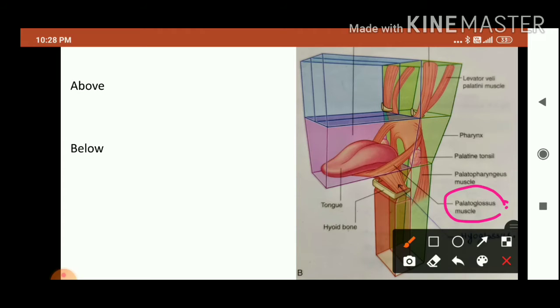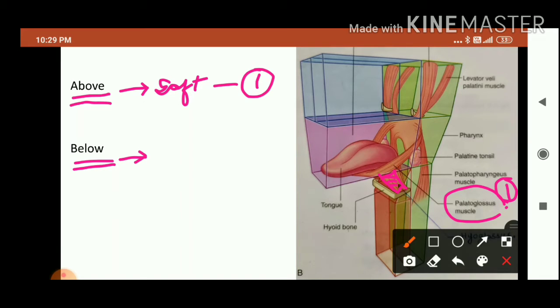Again, the hyoglossus muscle attaches the root of the tongue to the hyoid bone. So here I divide the attachment into two parts, above and below, that is, the superior and the inferior attachment. The root of the tongue is attached above to the soft palate with the help of palatoglossus.